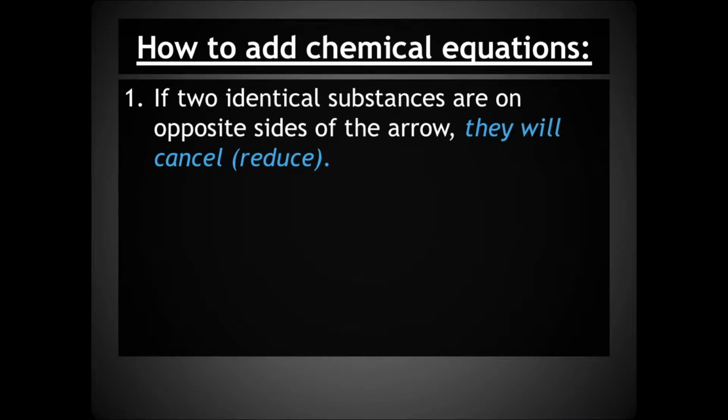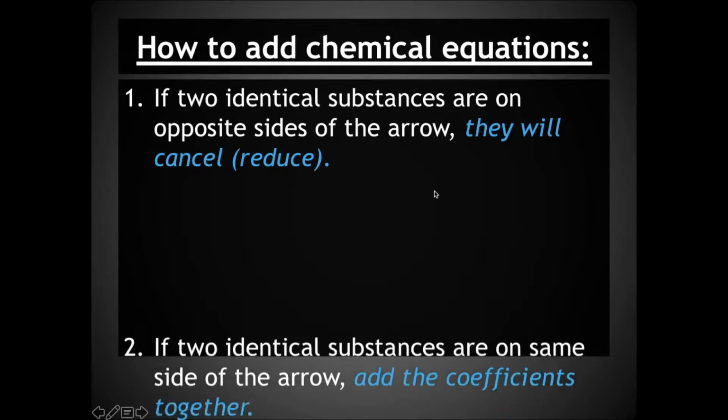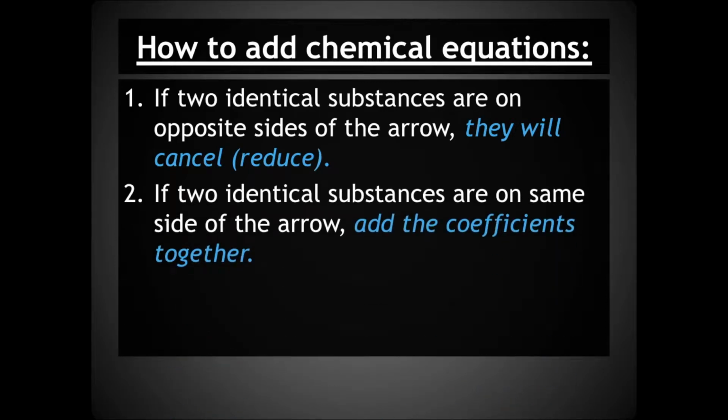So, how to add chemical equations. Remember, a chemical equation is like a substance plus a substance will yield another substance. To add those, we're going to be looking at the coefficients, and we'll also look at the actual chemical that we're adding or subtracting.